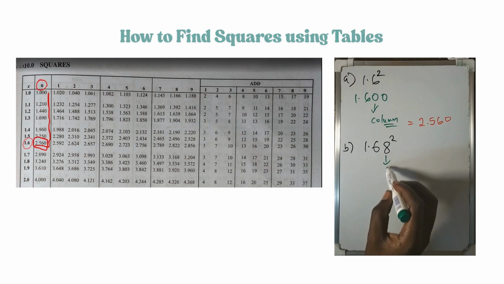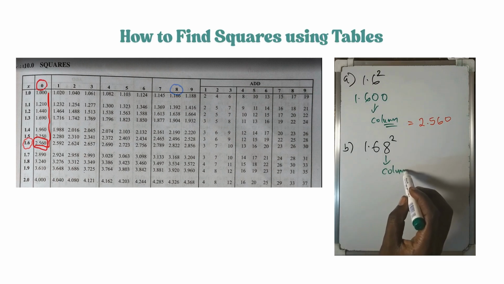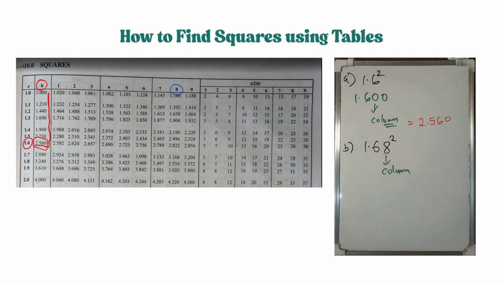This will be our column. The value found at this intersection is the square of 1.68.